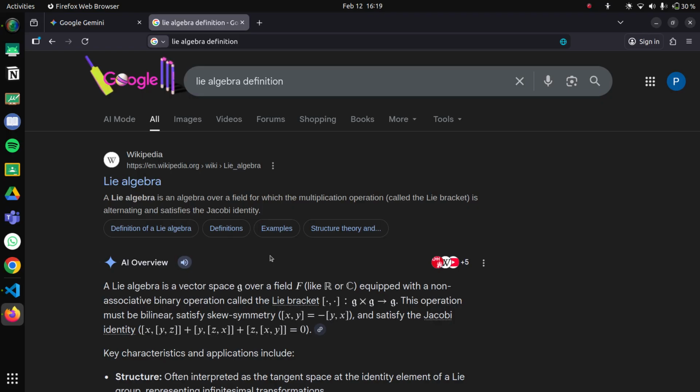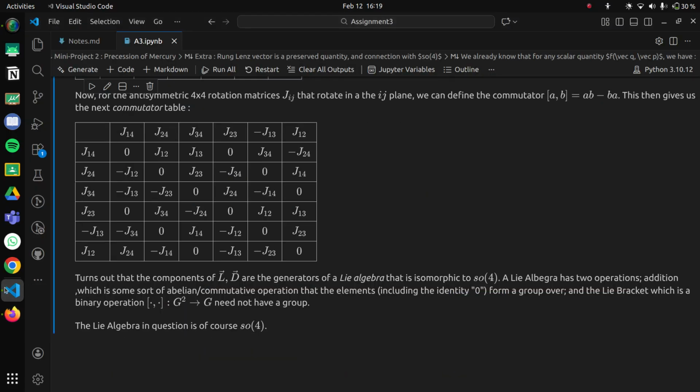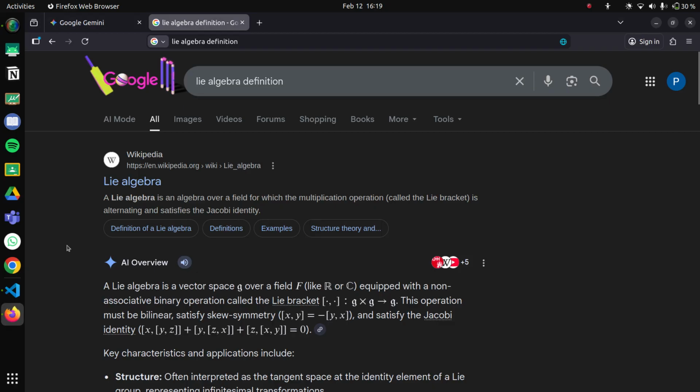Now, how is it related to the SO4 group is, I think, the main question, right? So the capital SO4 group is over multiplication, which is very different from this thing. So how do we come up with a way to do it?